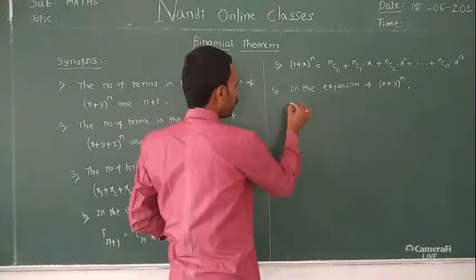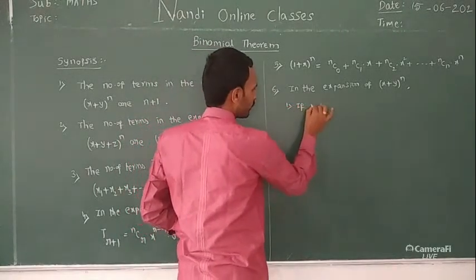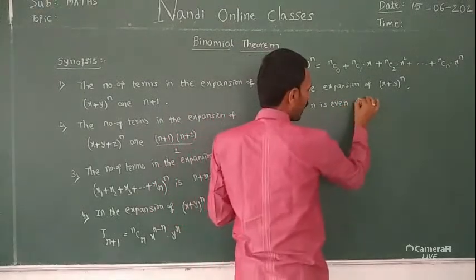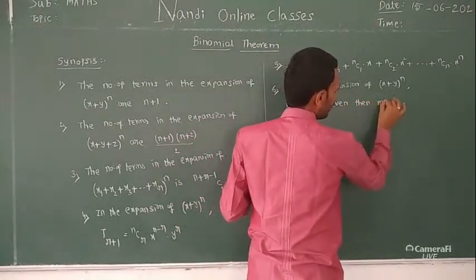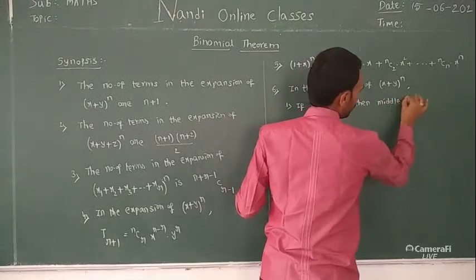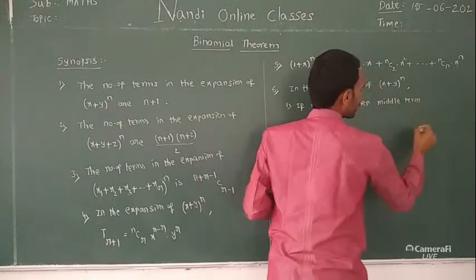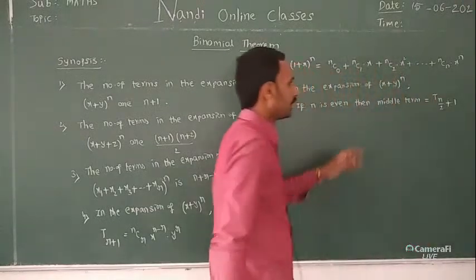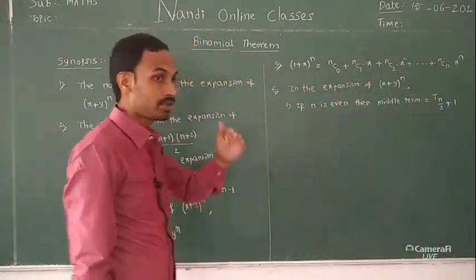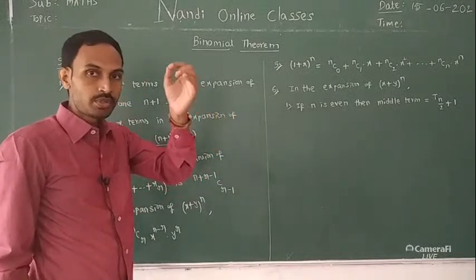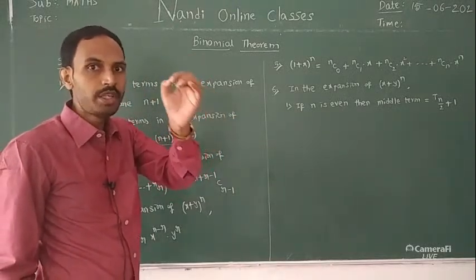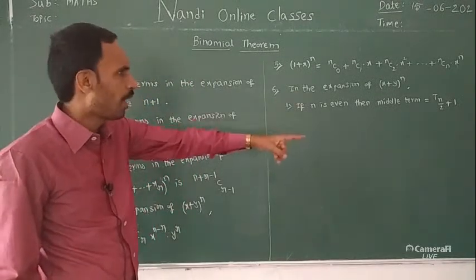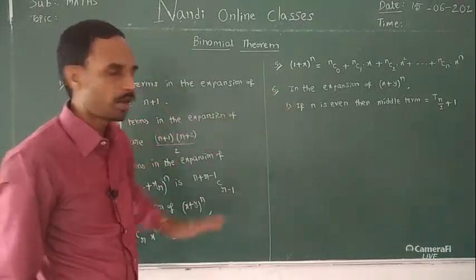If n is even, then the middle term formula is T(n/2 + 1). Suppose n is an even number, how many middle terms are there? Only one middle term. What is that formula? It is T(n/2 + 1).